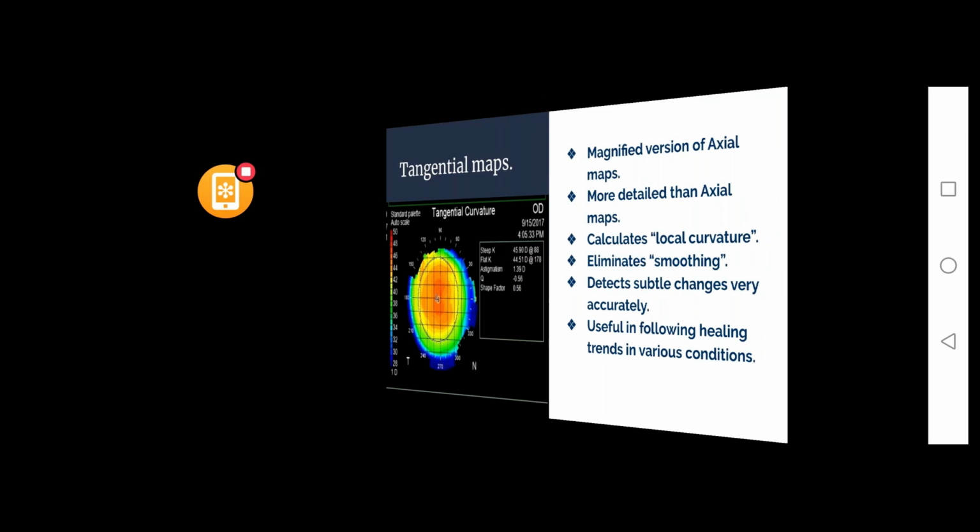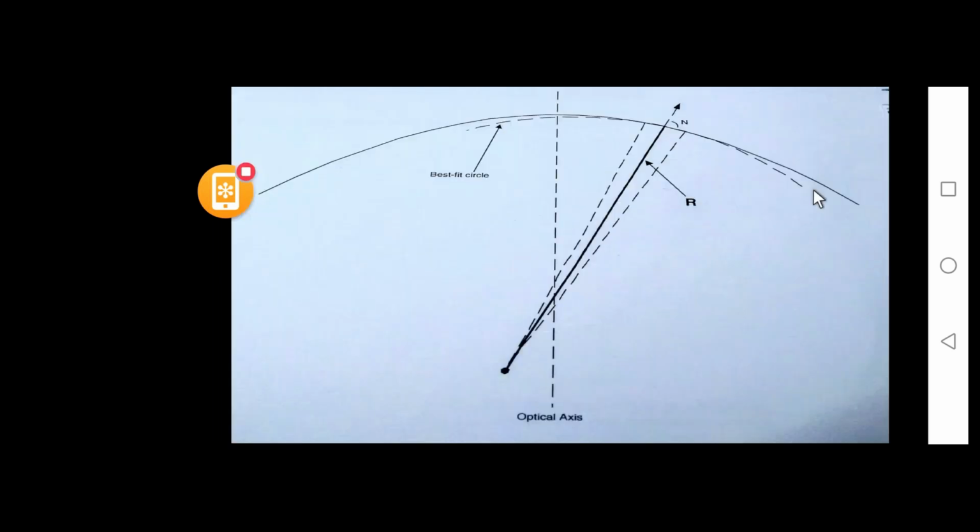Now let's see the same image but with a different drawing. Over here, this is the cornea, and over here is our area of interest, or the point of interest. Now what it does is it draws a tangent. What is a tangent? A tangent is any arc which is drawn and which touches a circle only at one single point.